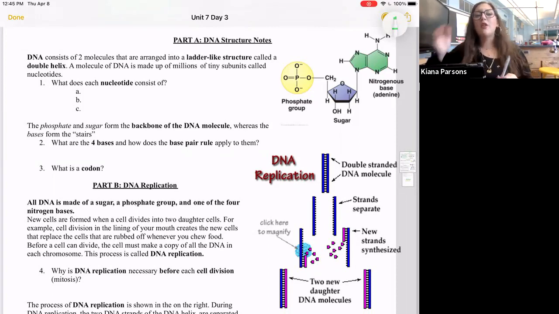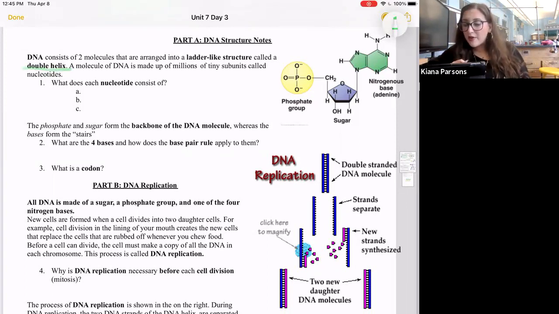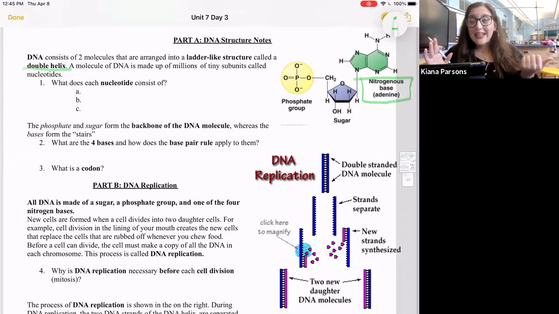DNA consists of 2 molecules that are arranged into a ladder-like structure called a double helix. A molecule of DNA is made up of millions of tiny subunits called nucleotides. And nucleotides are made up of nitrogenous bases, which hopefully we remember from our biomolecules unit, right? The nitrogenous bases have the same names as the nucleotides. So we have adenine, thymine, guanine, and cytosine.